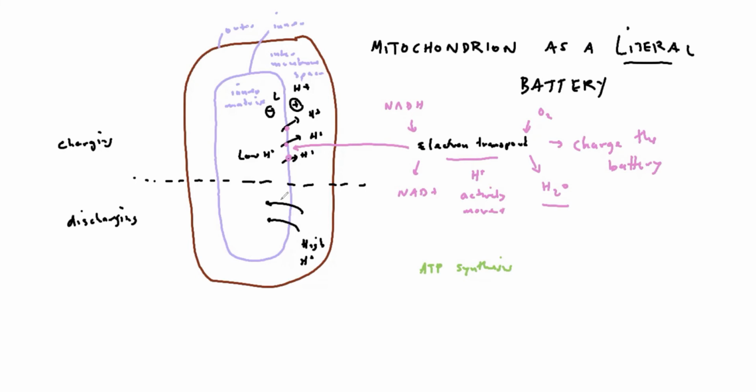As hydrogen ions are allowed through, we've got another structure, this ATP synthase, that takes advantage of the energy that's stored with the high concentration of hydrogen ions on the positively charged intermembrane space side of the membrane, allowing those H plus to move into the negatively charged low hydrogen ion concentration inner matrix. This is the part that's going to be generating ATP from ADP and phosphate.